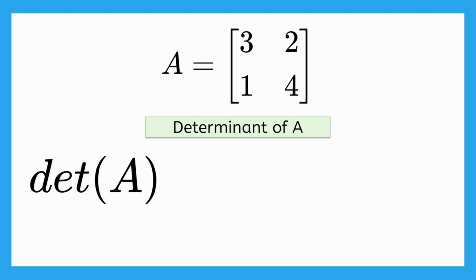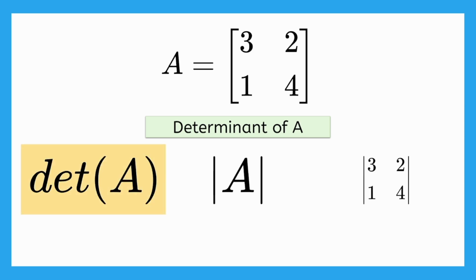It can be written as A with these vertical bars. Note that although this looks like absolute value of A, it's actually notating the determinant. And finally, the determinant can be indicated with vertical bars around the entire matrix. Each of these notations can be used interchangeably. For this class, we will mostly use this one.